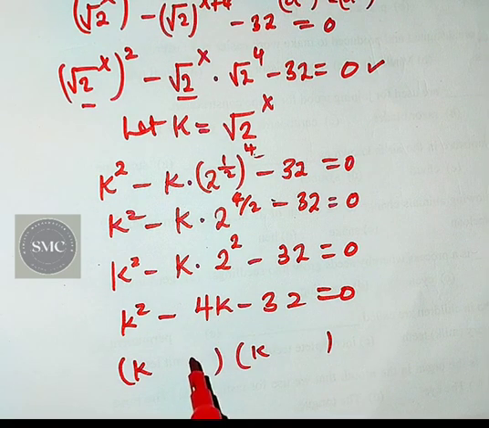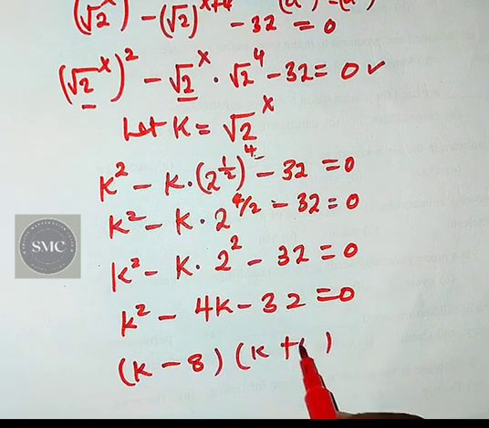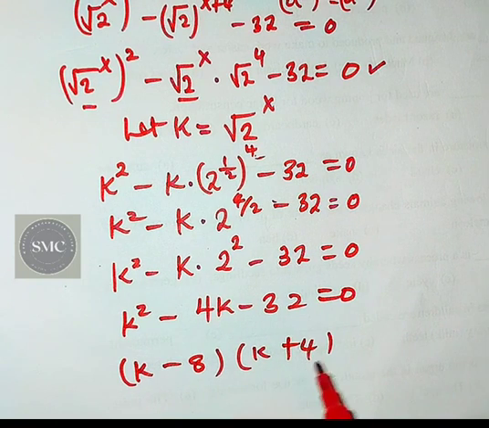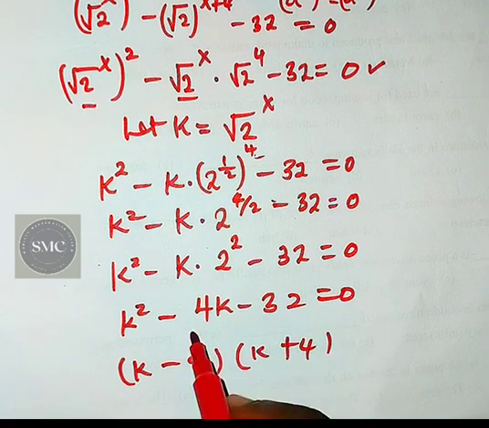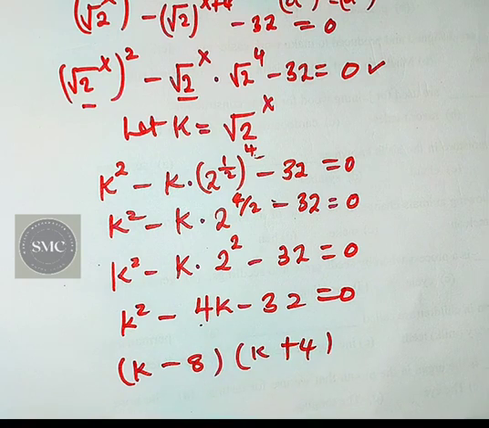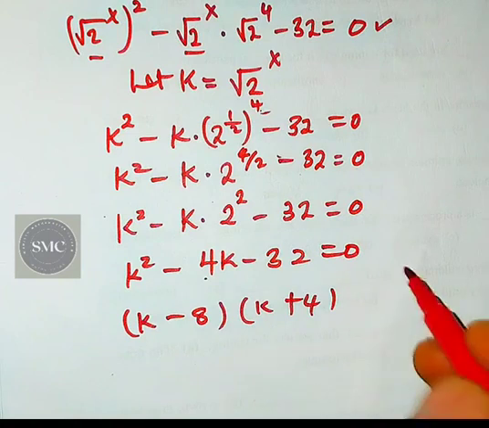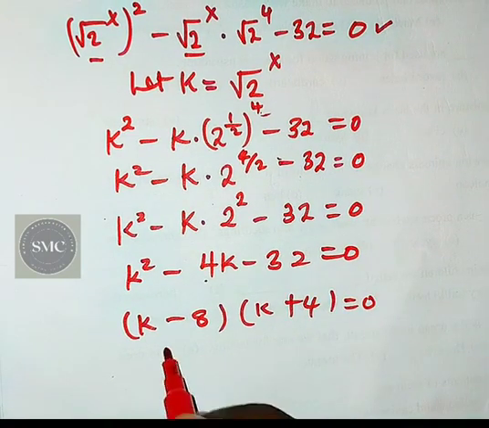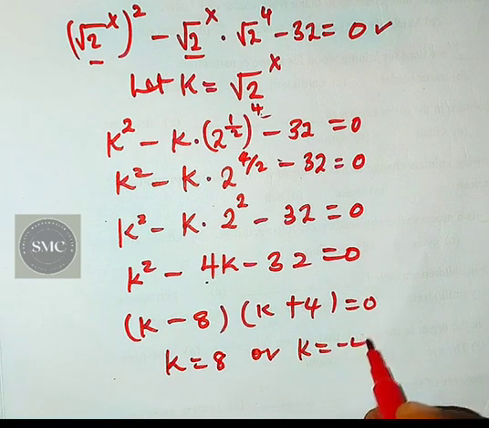That is minus 8 and plus 4. Let's see, minus 8 times 4 gives us minus 32, then minus 8 plus 4 gives us minus 4k in the middle. So we equate this to 0, and we can see that k equals 8 or k equals minus 4.